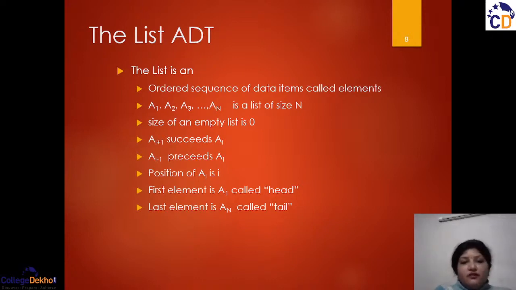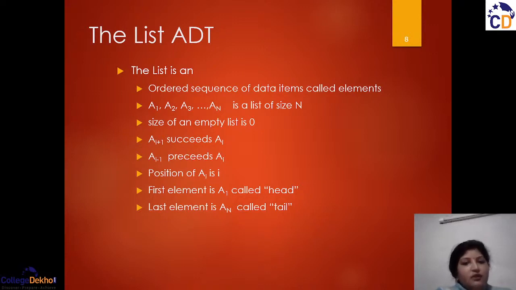And how are we increasing the elements, what is the index of that? If I ask for A1, then you may see on my screen A1, then A2. So if I am treating A1 as Ai, the next element would be Ai+1. So Ai+1 succeeds Ai, and Ai-1 precedes Ai. If I want to access the predecessor, not the successor, I may use Ai-1. The position of Ai is i, starting with 1.